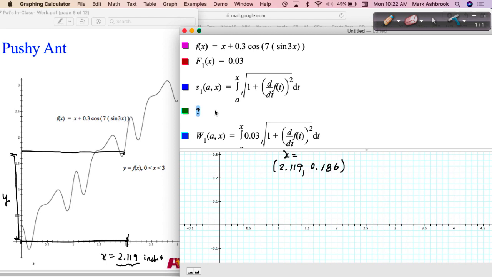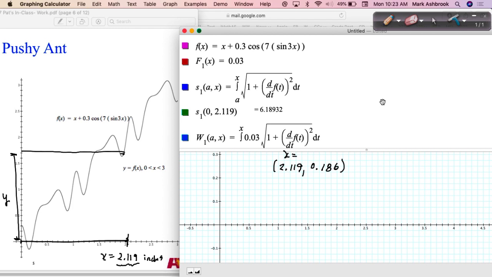Let GC do the work. I can write S sub 1 of 0, comma 2.119. How far has the ant walked when x, its horizontal position, reaches 2.119? 6.8932 along the arc. That's the arc length function, right?